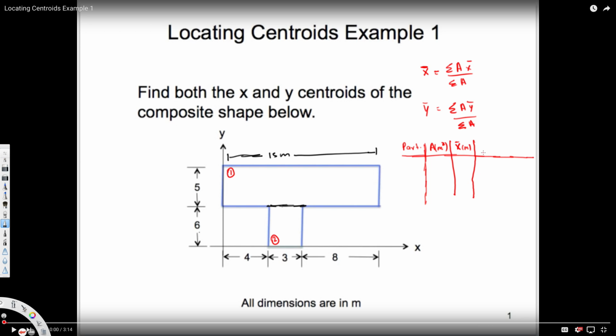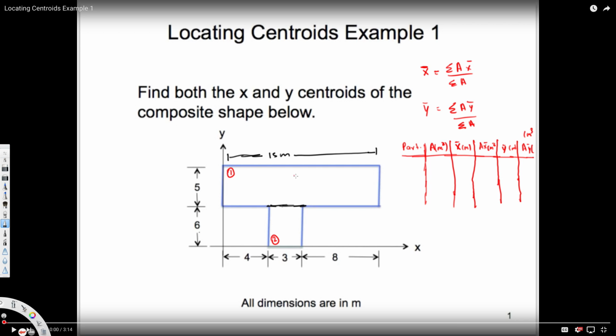Then we find A x bar, which is area times distance, so the unit is going to be meter cubed. Then we find the y bar, unit in meters, and then the A y bar, which is area times distance, so it's going to be meter cubed. So these are all the things we have to find.